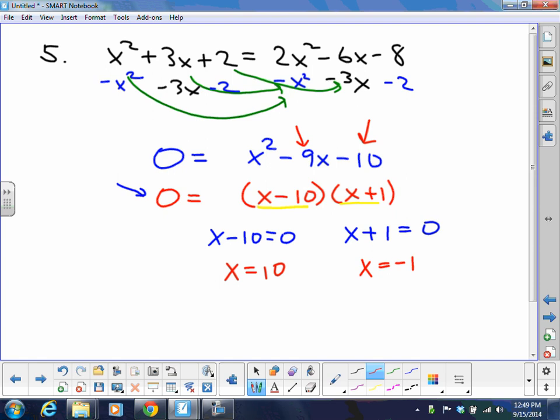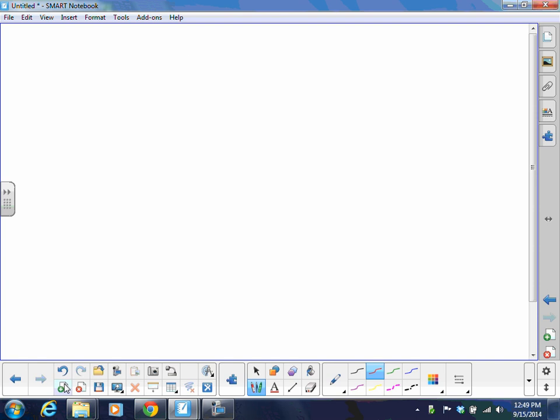Still a quadratic equation, but we're just going to use a little bit different method to solve it. So what I would do is, there's a couple ways actually to do this one too. You can graph the way we did in class, which was graph two separate things, like throw this part into y1 and throw this part into y2, and then look for where they intersect.